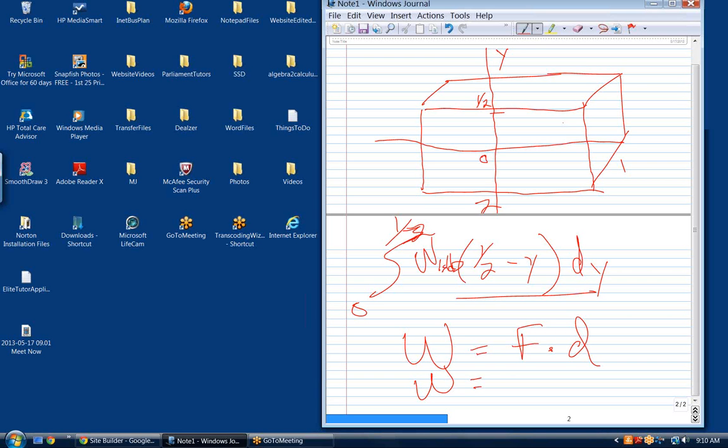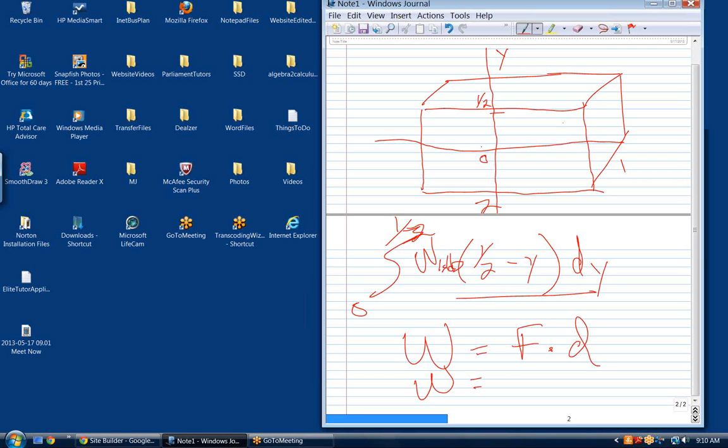So 2,000 delta y would be, well, actually, yeah, because the thickness of each slab is dy, which goes along with the fact that we're integrating along the y-axis, which is a function of y. So all of this works nicely.